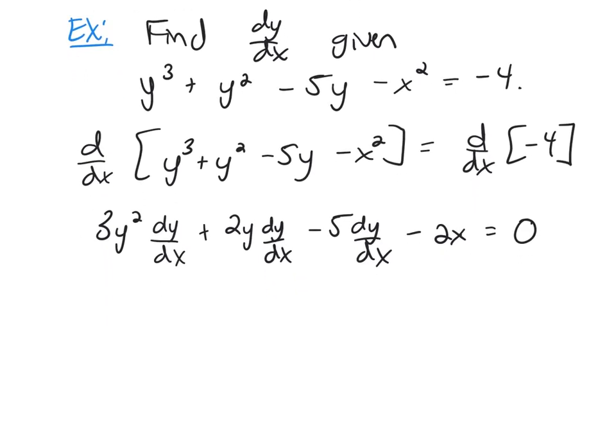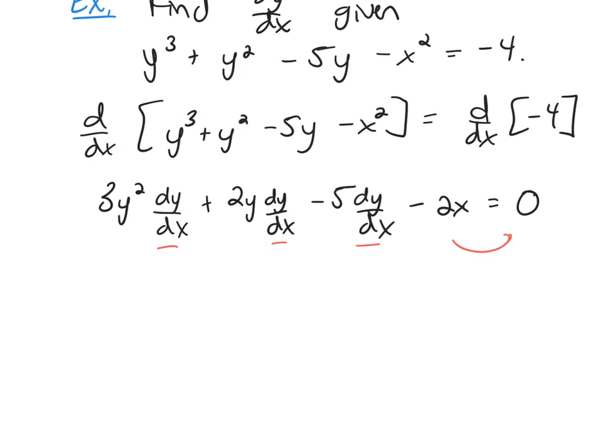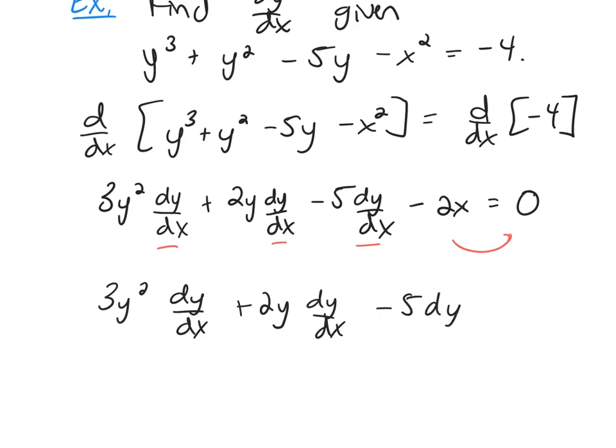So then you're going to collect up all of your dy dx terms on one side by themselves. Well, they're on the left side. I just need to move the minus 2x to the other side so that I've isolated the dy dx terms. Minus 5 dy dx equals 2x.